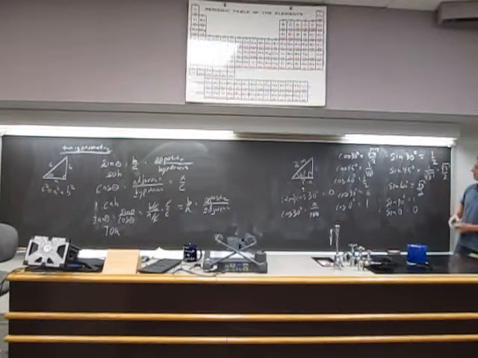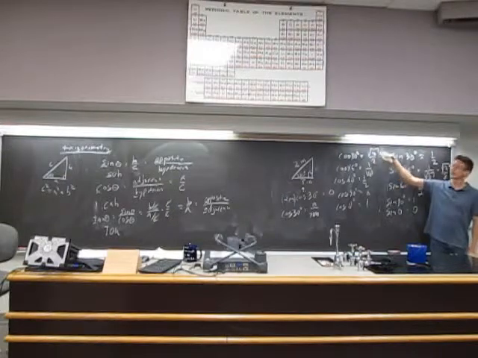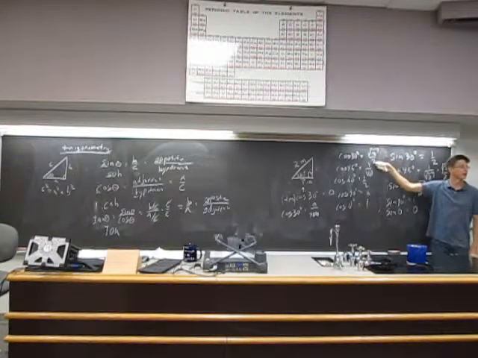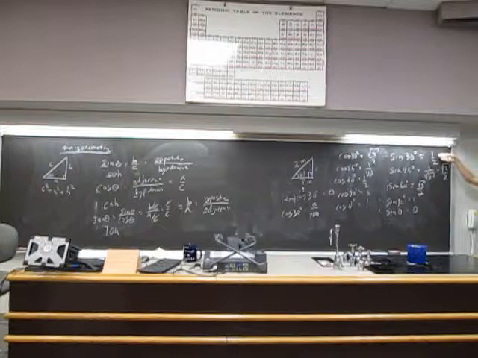Let's check something here that's good for right triangles. Notice that if I square this, I'll get 3/4. If I square a fraction, I square the top and the bottom. So square this, I get 3/4. Square this, I get 1/4.